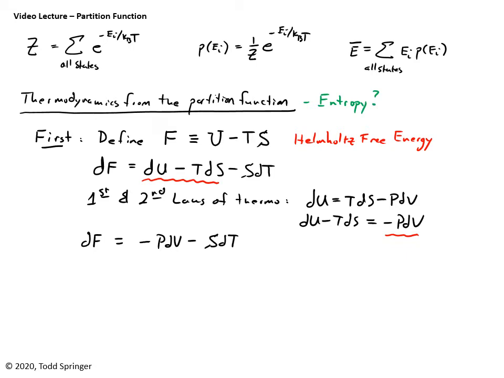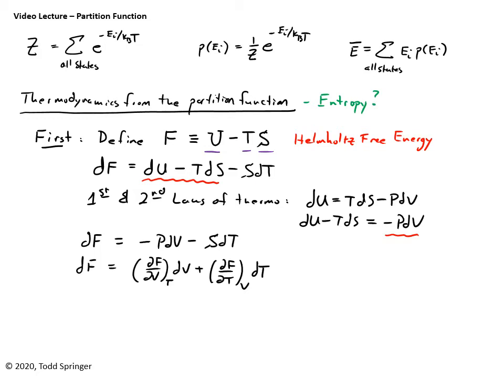And now remember, F is a state variable, and it has to be because it depends only on other state variables, so I can read off the partial derivatives by comparing it with the general formula for an exact differential.